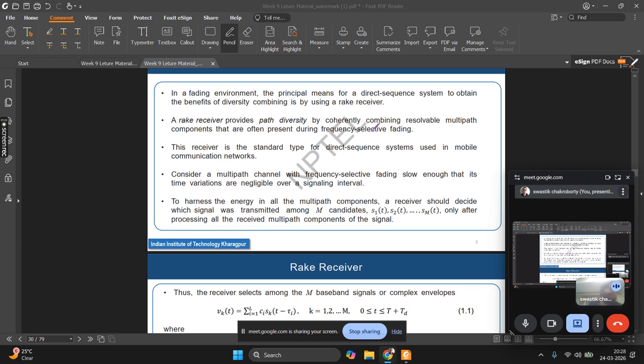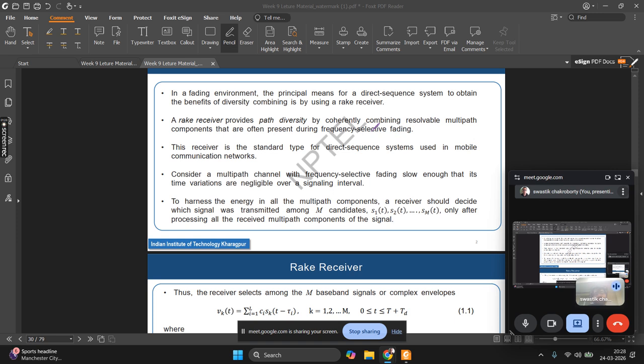The particular task of the rake receiver is to provide a coherent combining framework. So it will detect the phase and coherently combine the multipath signals so that you can use the multipath components to your advantage to boost your SNR rather than letting them destroy your signal.